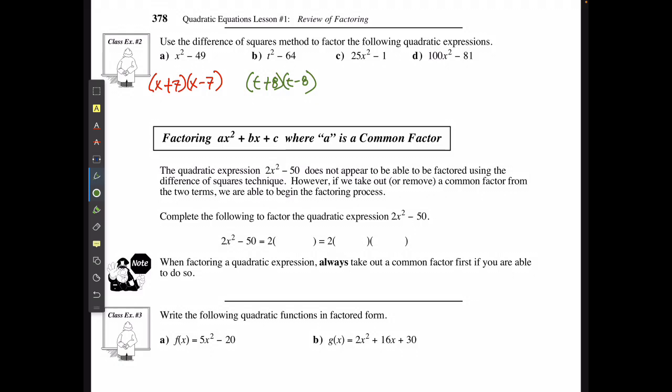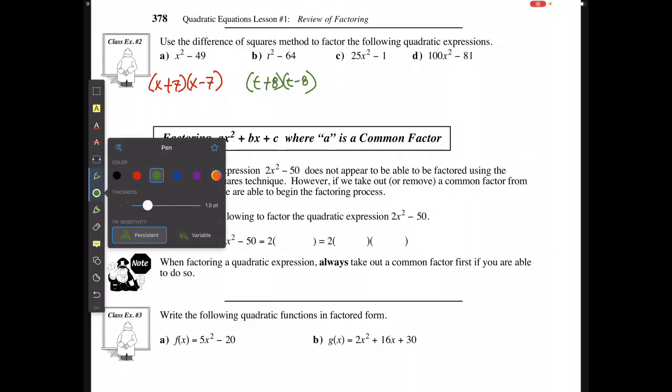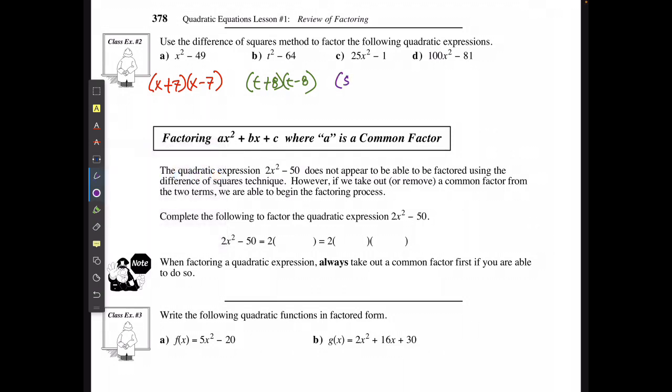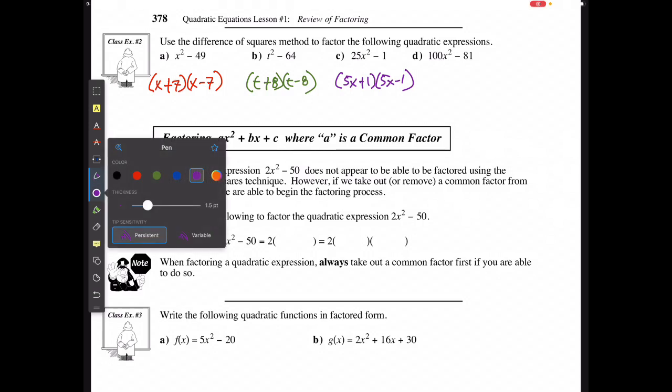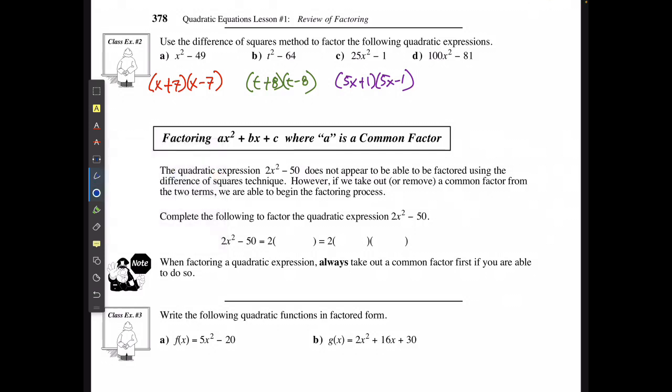Here, if I have 25x squared, the square root of that is going to be 5x. Square root of 1 is just 1, so 5x plus 1 and 5x minus 1. And in the last case, the square root of 100x squared is going to be 10x. Square root of 81 is 9, so I get 10x plus 9 and 10x minus 9.